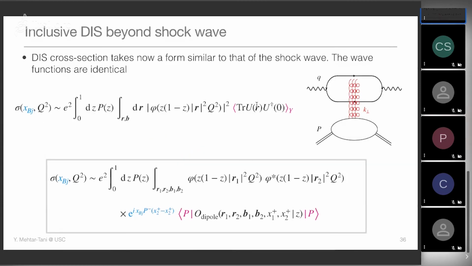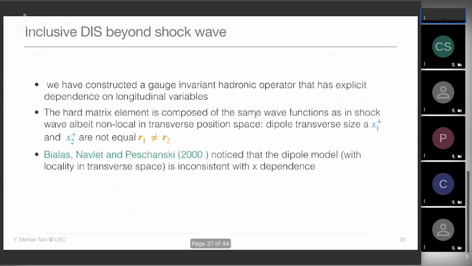The other point is that you see here in the dipole model, the observable is local in transverse space. So the wave function is evaluated at the same transverse separation as the dipole. So everything is local here. But when you introduce the x dependence, this locality in transverse position space disappears.